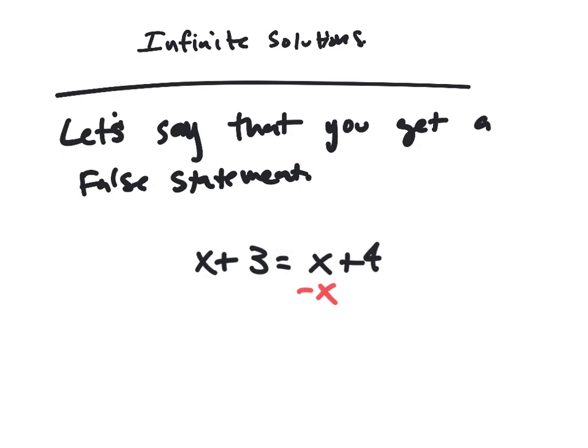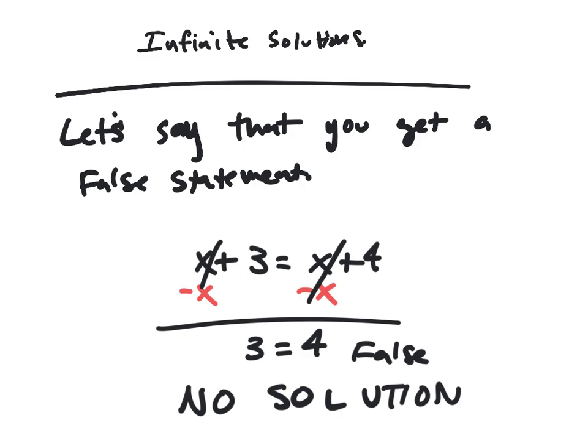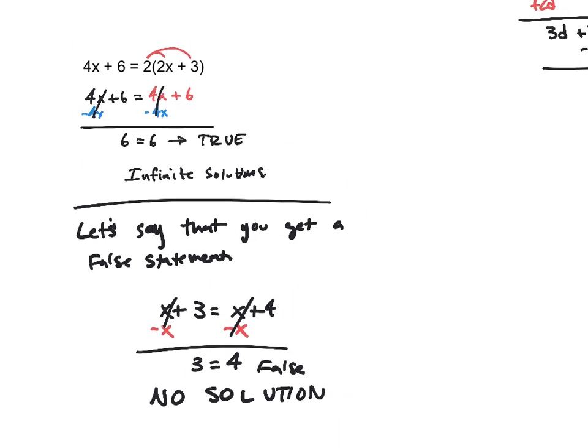And if you subtract an x from each side, and those both cancel out to 0, and you're left with 3 is equal to 4, well, that's a false statement. 3 is not equal to 4. Then you have what's called no solution, okay? So you've got some options there, all right? So these are special cases that will arise in these kinds of problems.